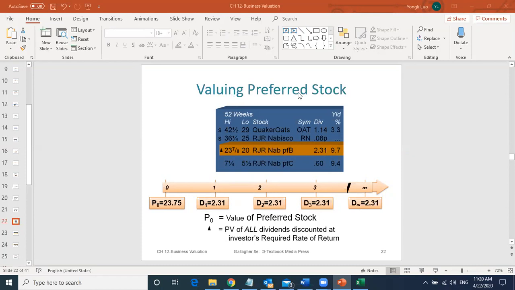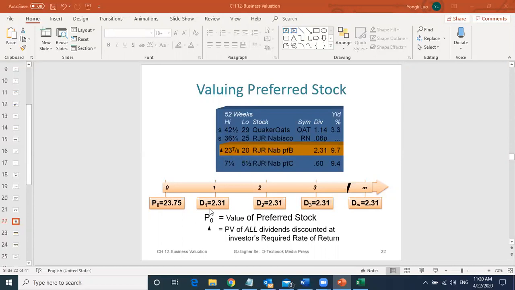This preferred stock pays a dividend of $2.31 at the end of the first year, the second year, the third year, until infinity. That means you will get the same dividend amount forever. That's a preferred stock.